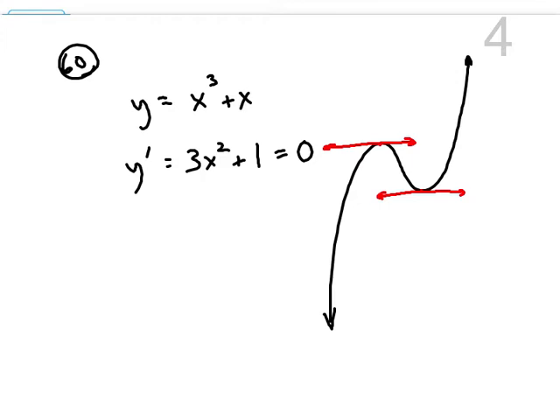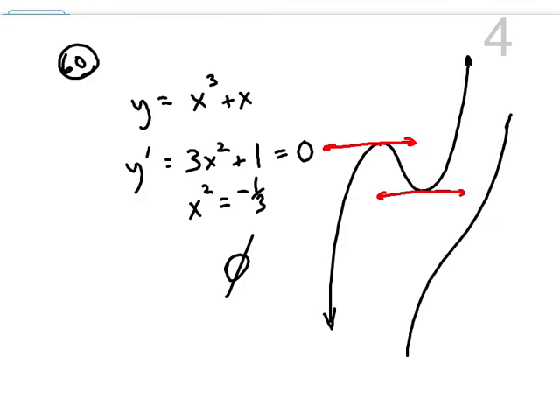Okay, now that we've addressed that, let's go back to what you were talking about, Sam. Why is this that? Because it can't be negative. Move the 1 to the other side, divide by 3, I get x squared is equal to -1/3, which means you can't take the square root, so there's no solution. So my drawing is wrong. It would actually look something like this.